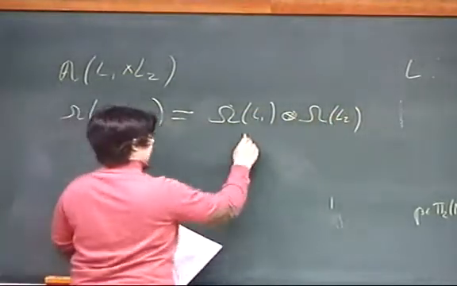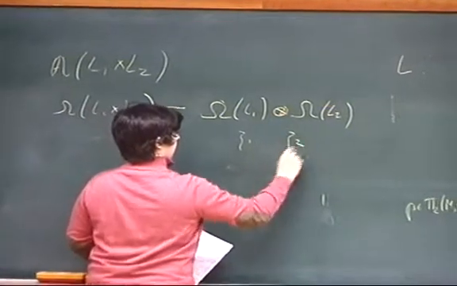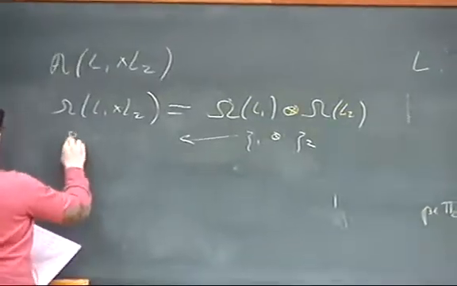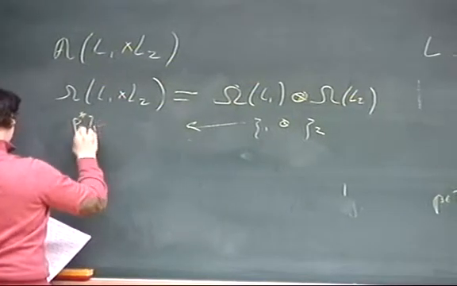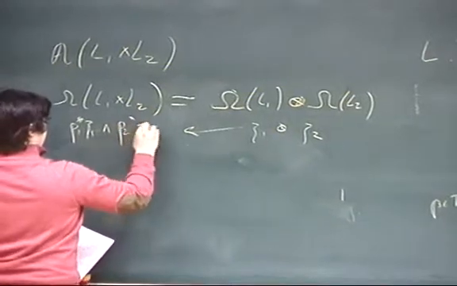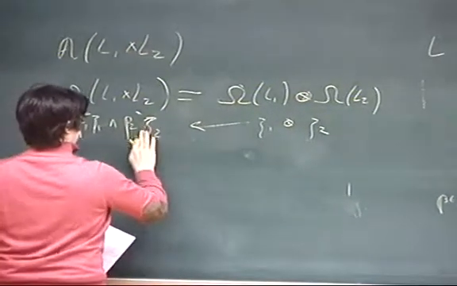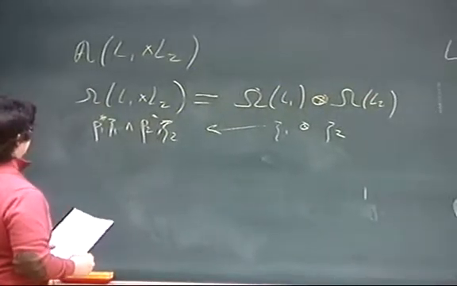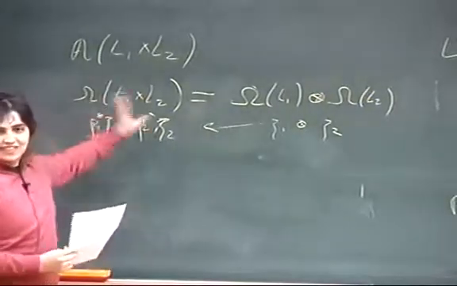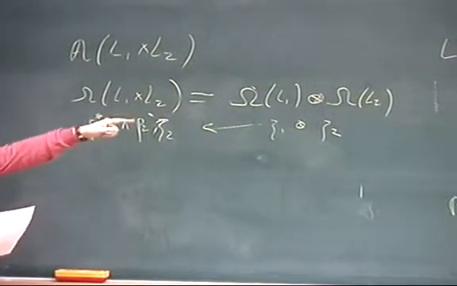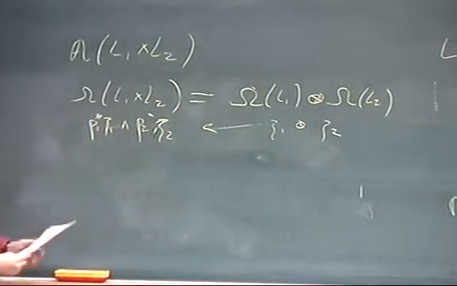We even know what the map is: you take these two forms, pull them back to the product, and wedge them. Maybe in completion. Here I'm just looking at it before putting in all the rest. If you tensor, then you have to take the completion.